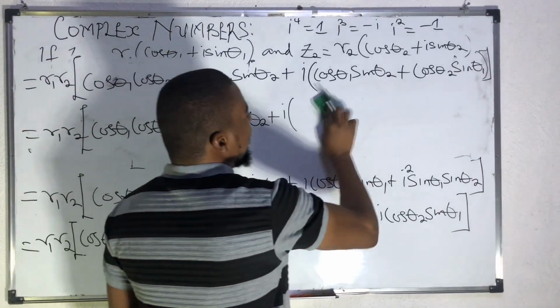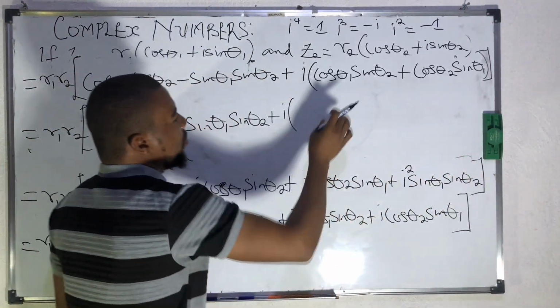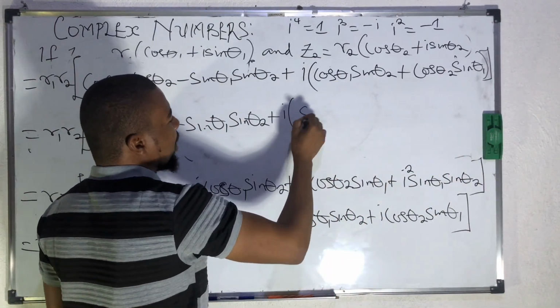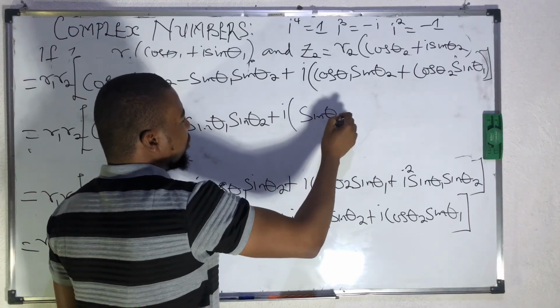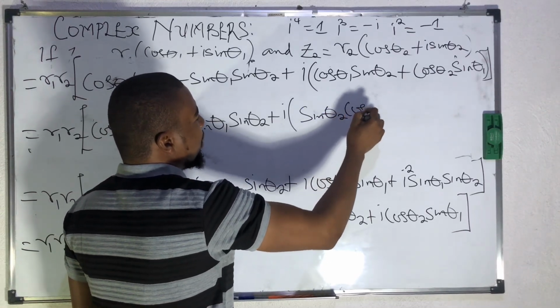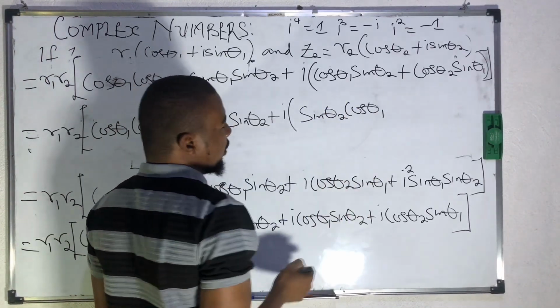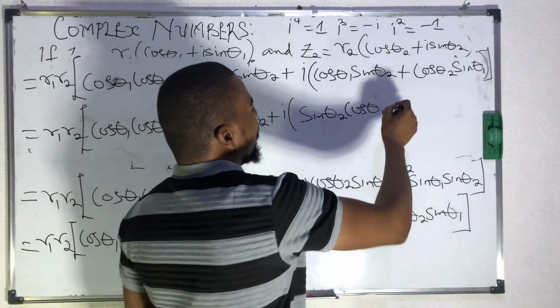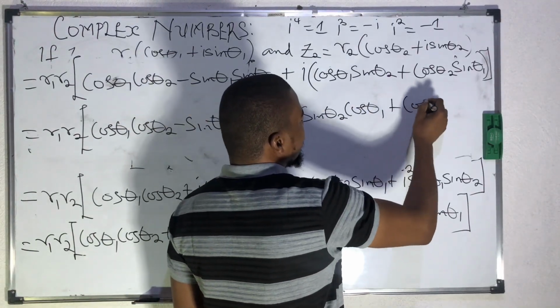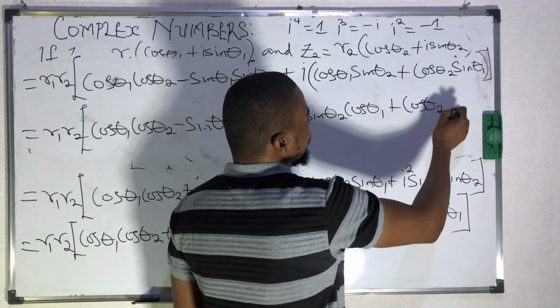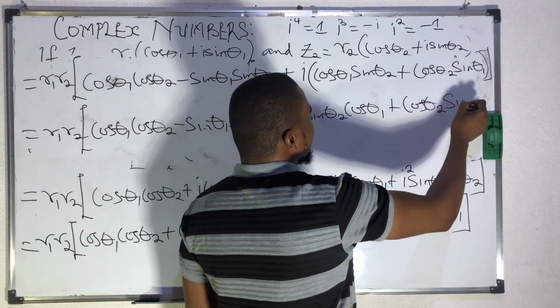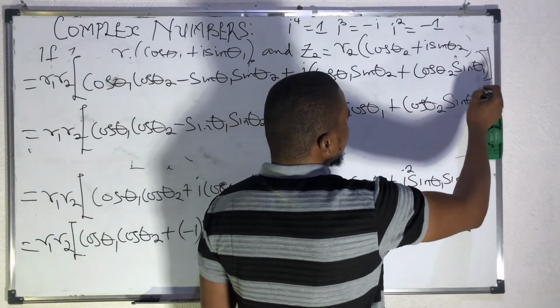Now I'm going to rewrite this. I'll bring the sine first. So we have sine theta 2 multiplied by cos theta 1, plus cos theta 2 sine theta 1.